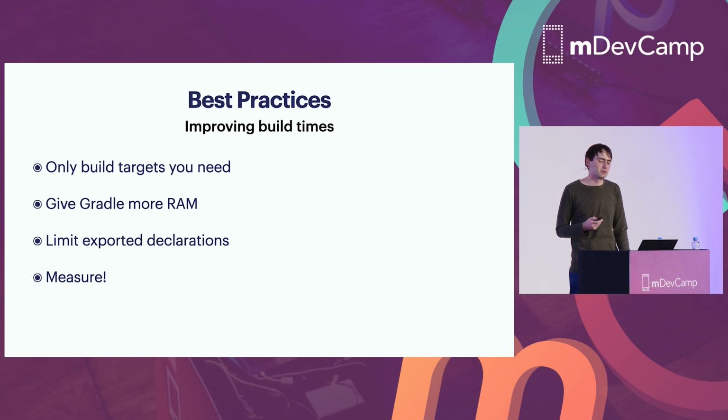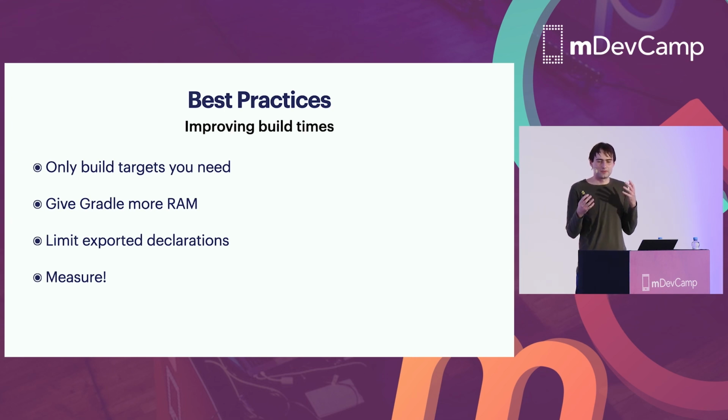It's true that the Kotlin compiler can take a while to create a library or the framework, but things are improving quite quickly, and there are a few things that we can do about it. First of all, you should only build targets that you need. For example, if you are developing an application and you are running it in a simulator, you don't need the executable for real iOS.